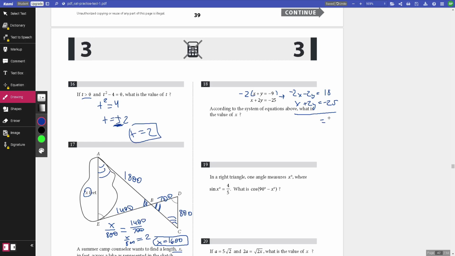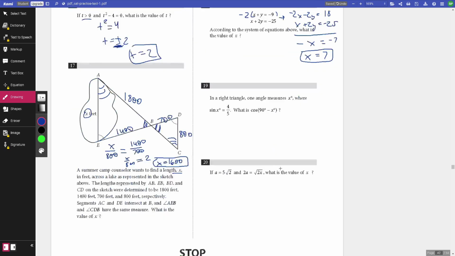Then you add them together, get -7 = -x. So x equals 7. That's the x value. Just bubble it in.